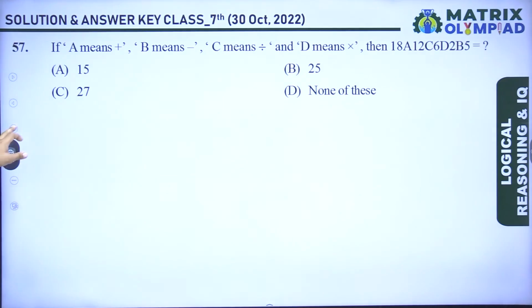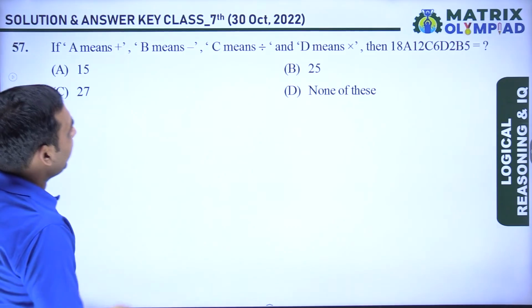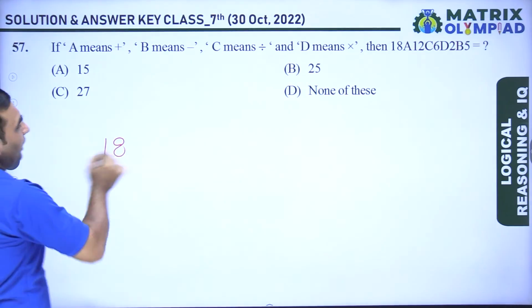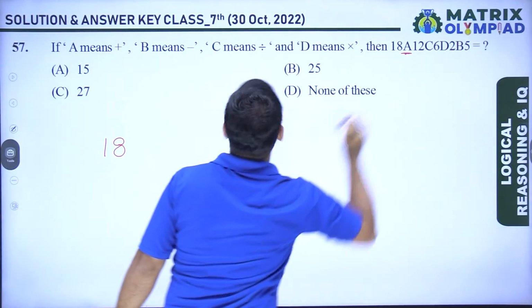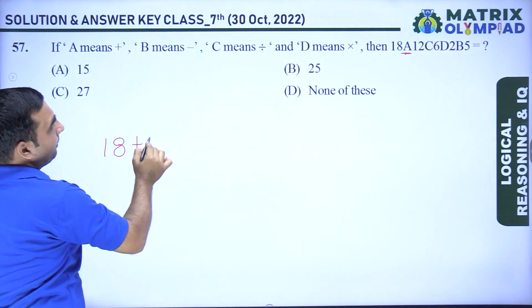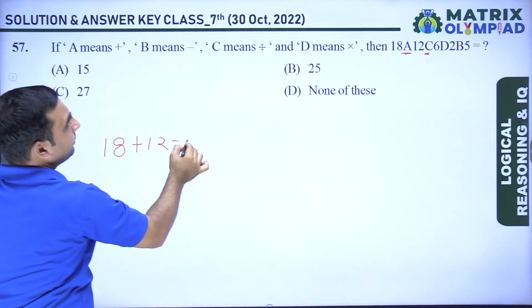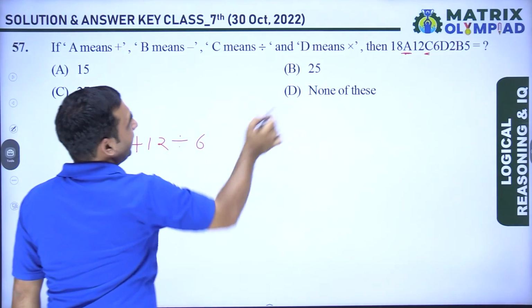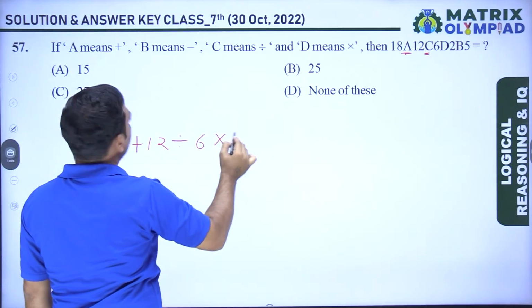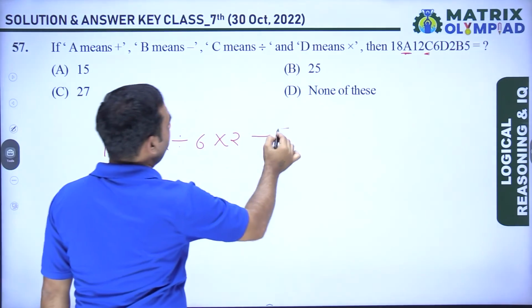Next question is, if A means plus, B means minus, C means divide, D means into, then 18 A 12 C 6 D 2 B 5. A means plus, C means divide, D means into 2, B means minus 5.